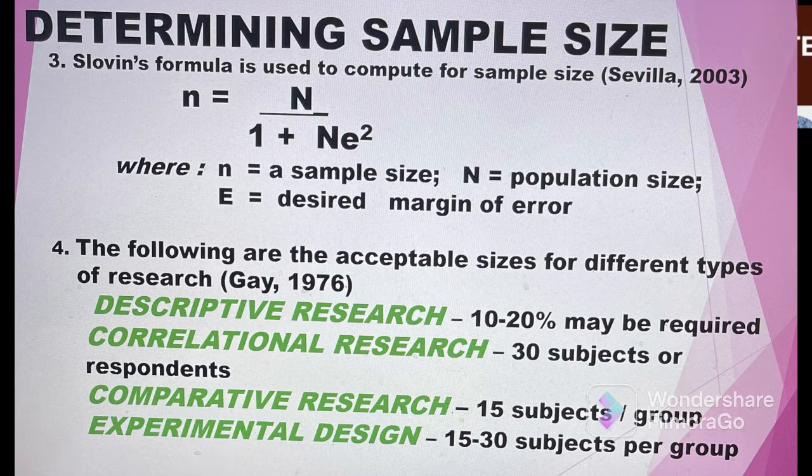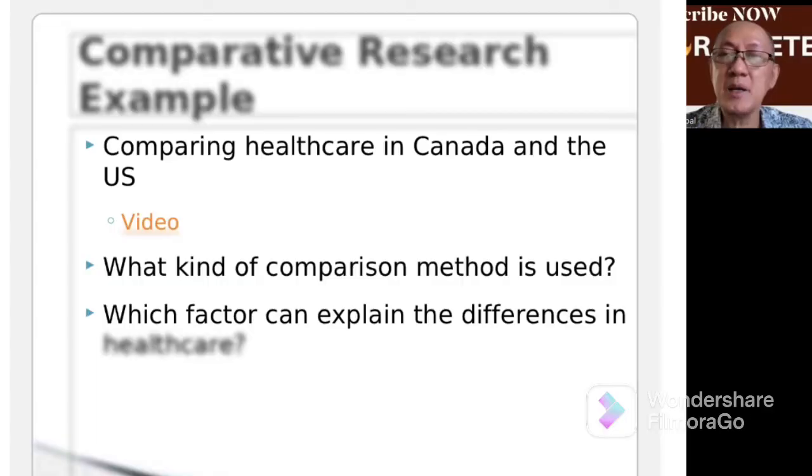When you do correlational research, 30 subjects or respondents are already acceptable as your research participants. Then when you do comparative research, when you are comparing male to female, or one institution to another institution, you can have at least 15 subjects or 15 respondents per group in a comparative research.